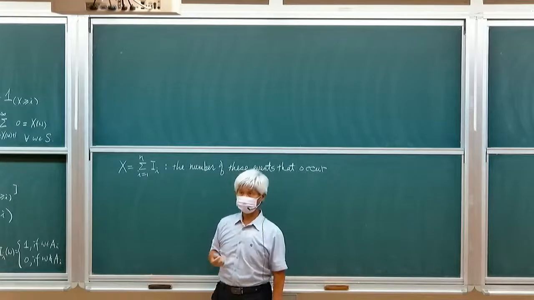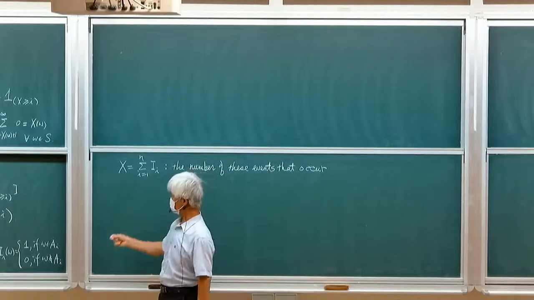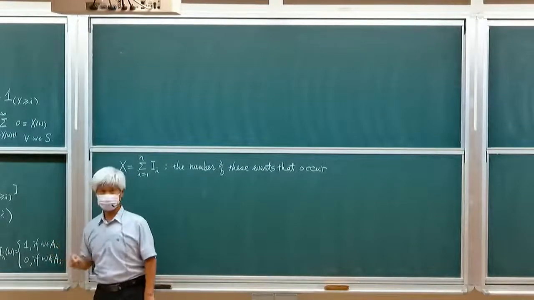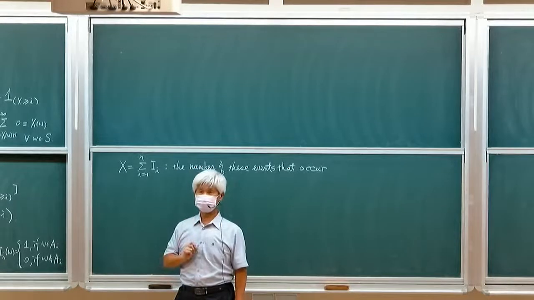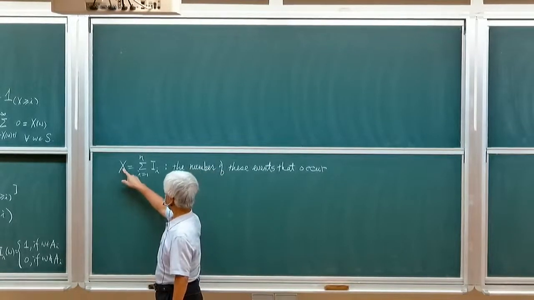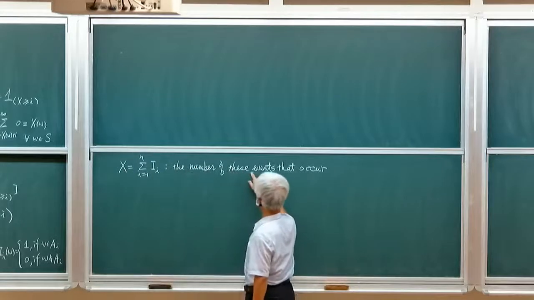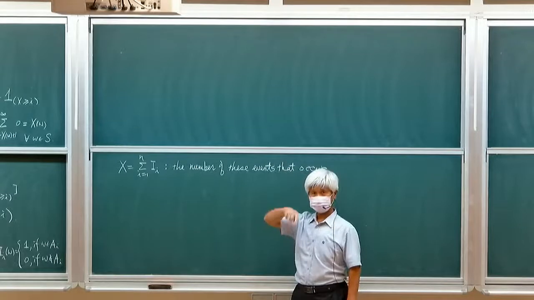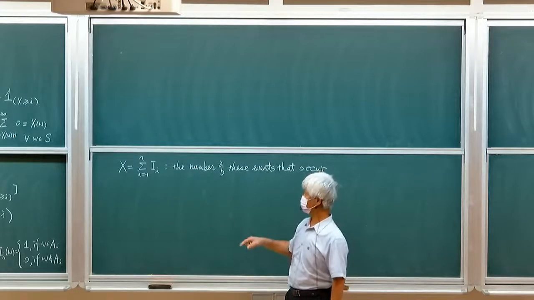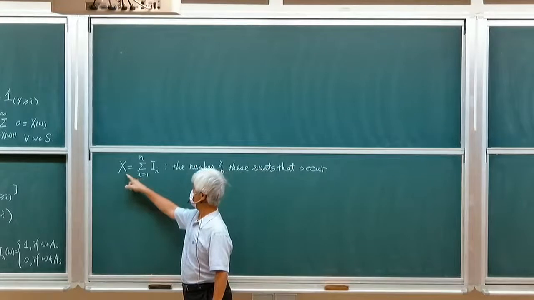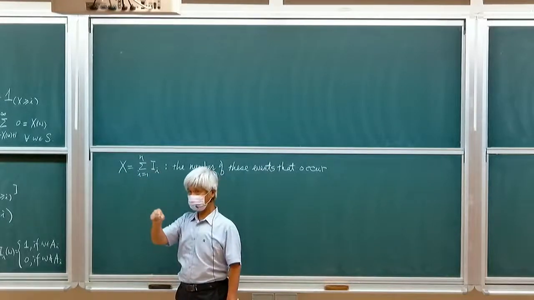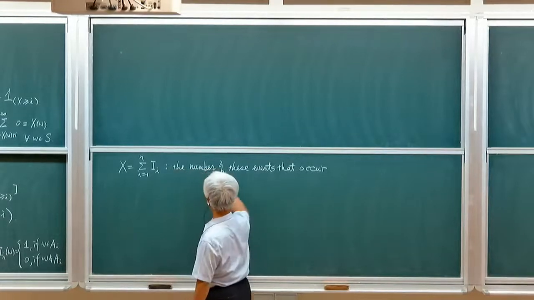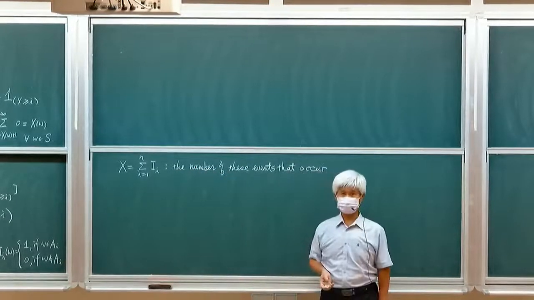If the indicator is 1, it means that the outcome is in the corresponding event, so the corresponding event Ai occurs. And so X records the number of these events that occur. For a different outcome omega, a different number of these events occurs.